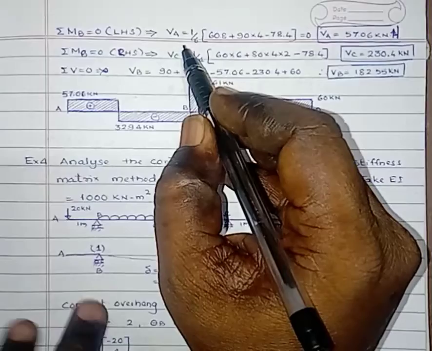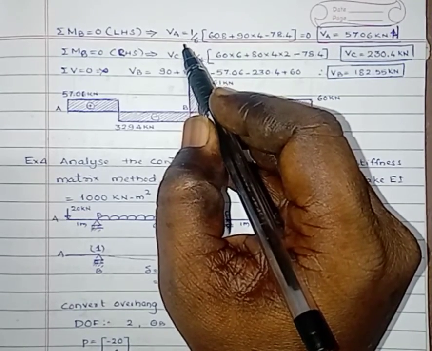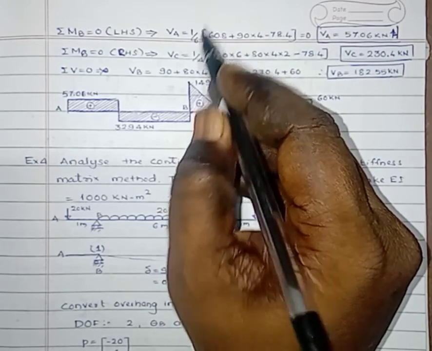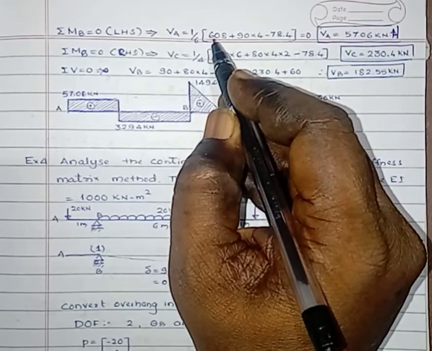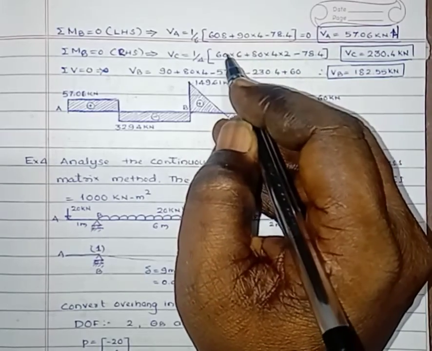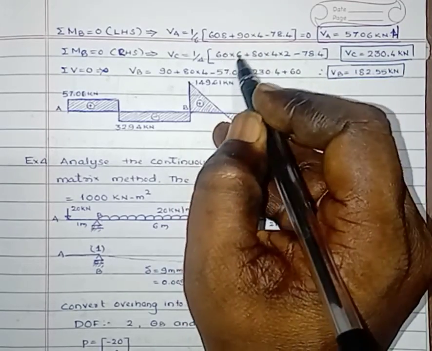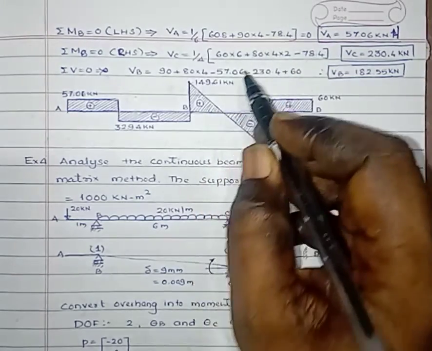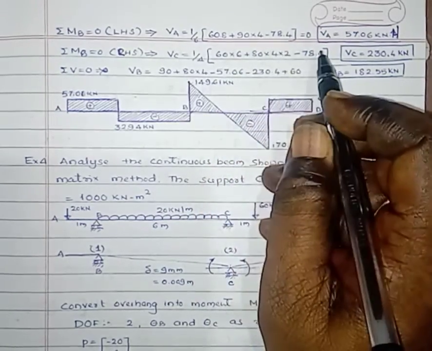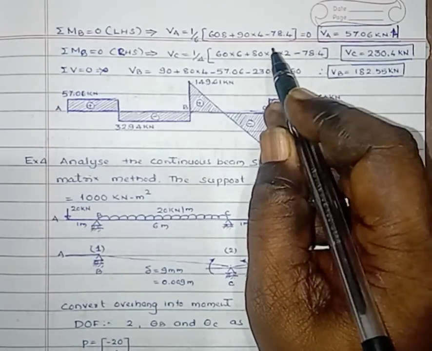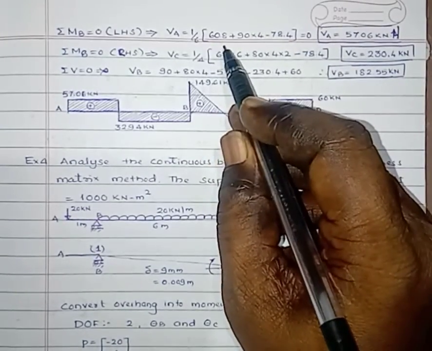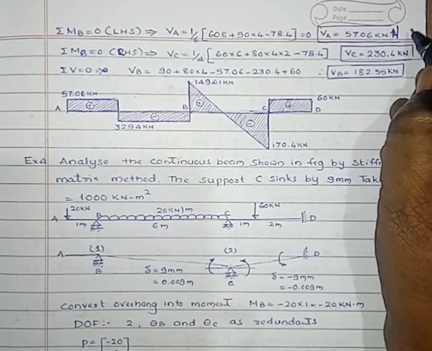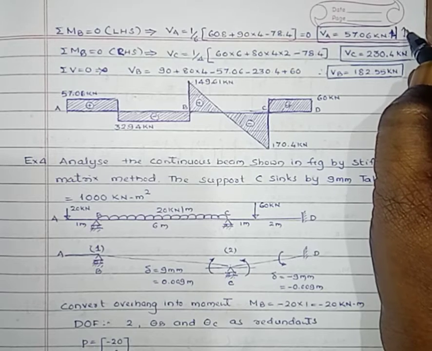That is VA into 6, that one is clockwise, minus the support moment 60.80, that is anti-clockwise, minus 90 into 4, that is also anti-clockwise, plus 78.40, that is clockwise. After simplification you will get VA equals 57.06 kilonewton, that is positive, that means upward.